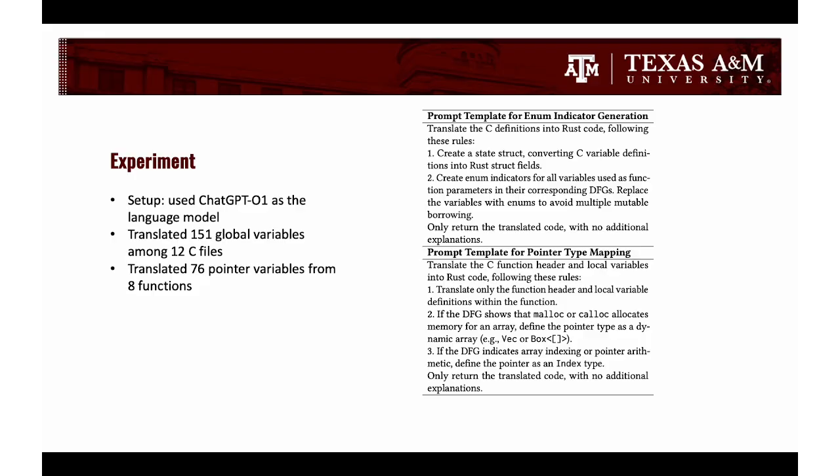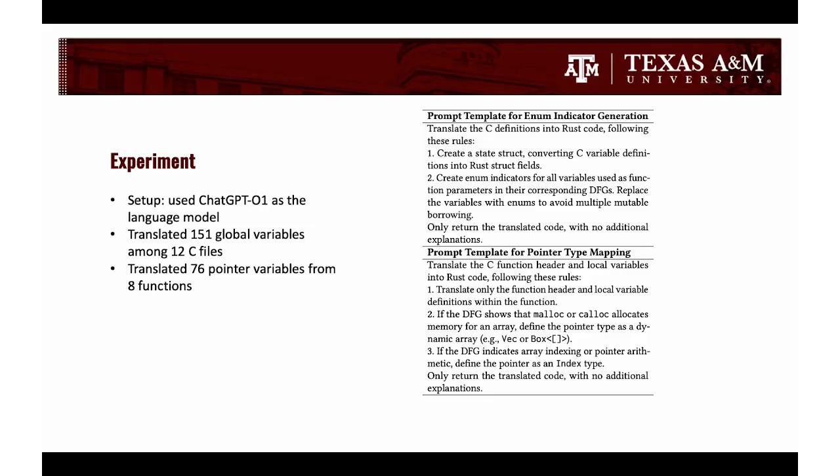We therefore manually verify translation accuracy by comparing variable types against those in our fully manually translated and compilable code. We translated 151 global variables from 12 C files in the Gzip C package, as well as 76 local variables from 8 functions in inflate.c file.